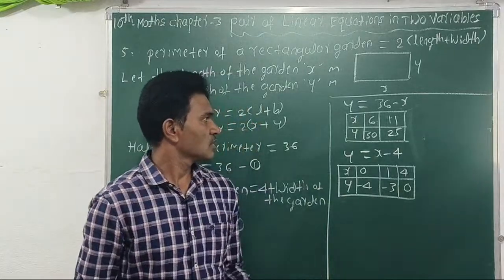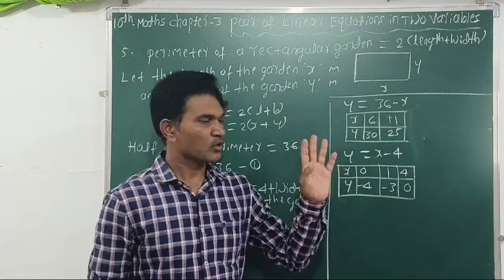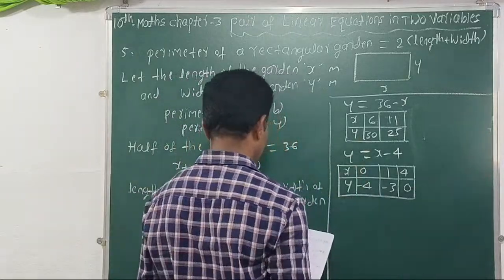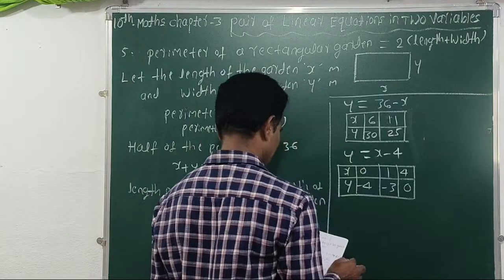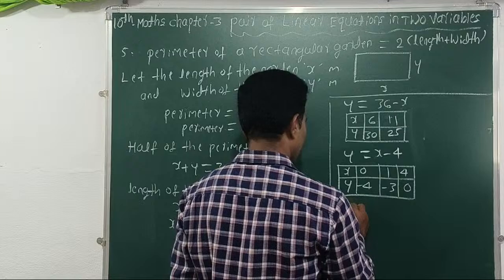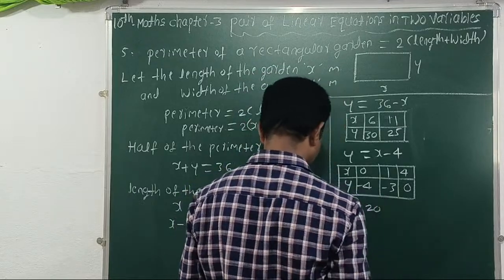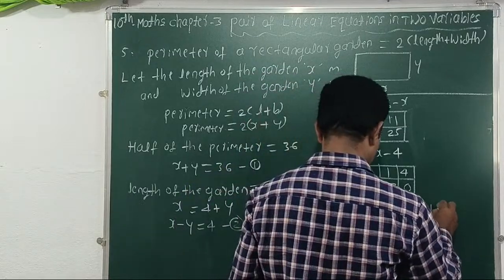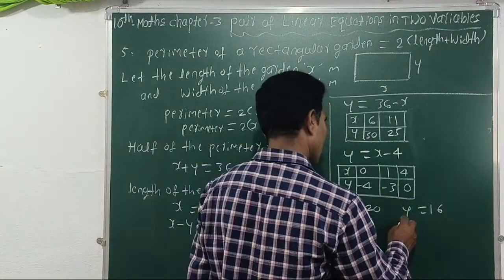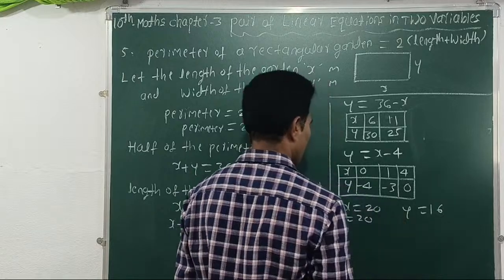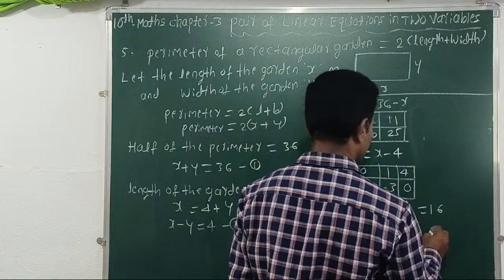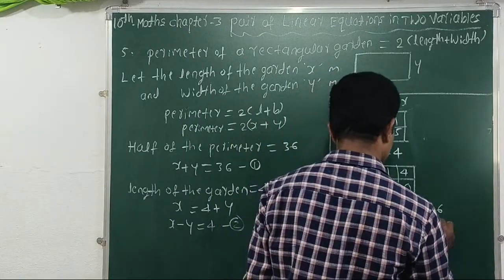Solve these two equations graphically as a homework. Here, x value is 20 and y value is 16. That is, L is 20, B is 16.